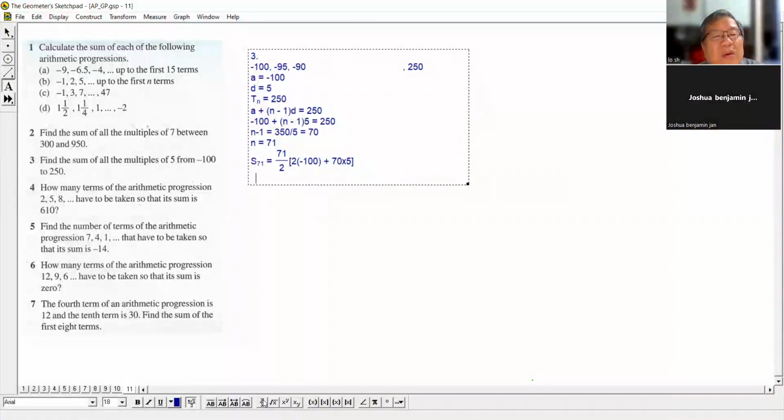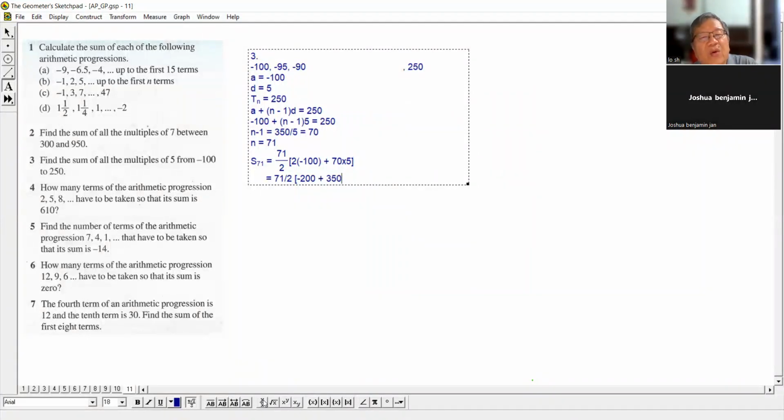When you simplify this, you will get the answer. You have a calculator? Take 71 divided by 2, then multiply with negative 200 plus 350.